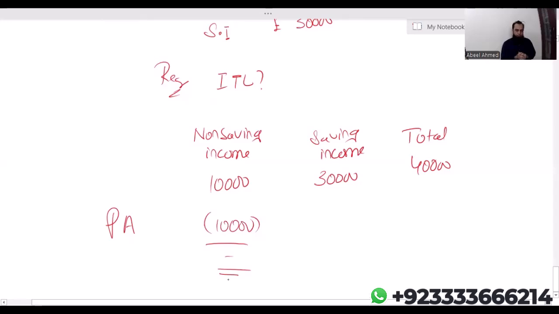Still, 2,570 personal allowance is left. That will be deducted from the saving income. 2,570.